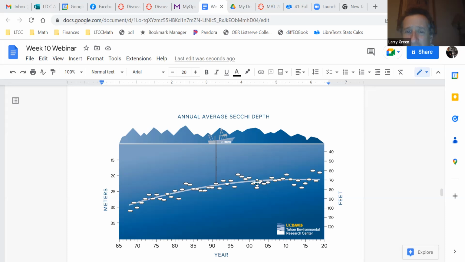And then what happened afterwards? If you look between here and here, so basically from the year 2000 to the year 2020, what's happening with lake clarity now? It's getting a little clearer. Yeah, I'm not even sure if it's clearer, but it's not getting worse.